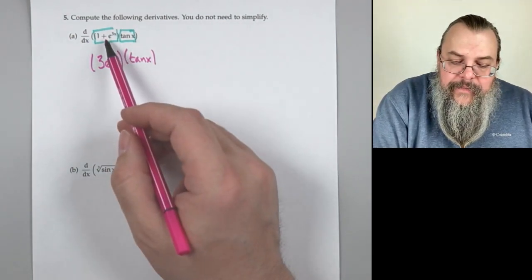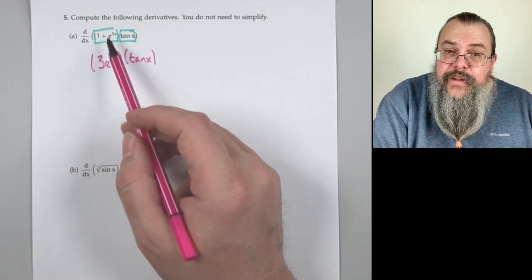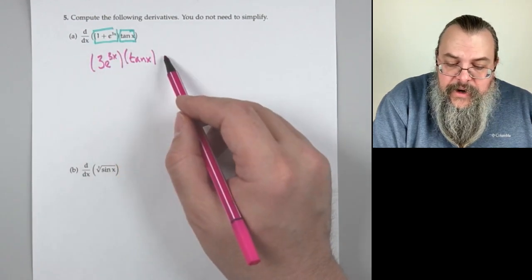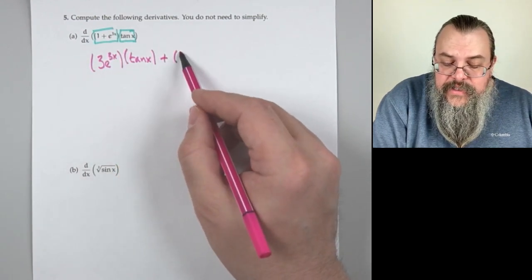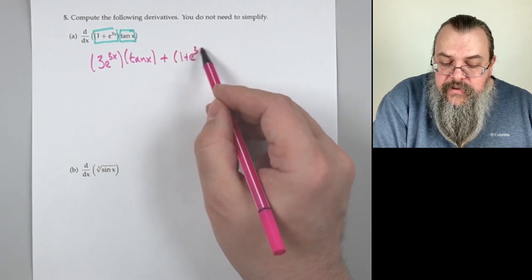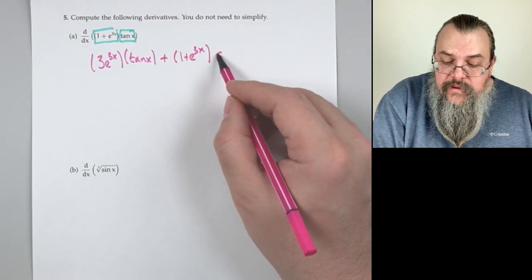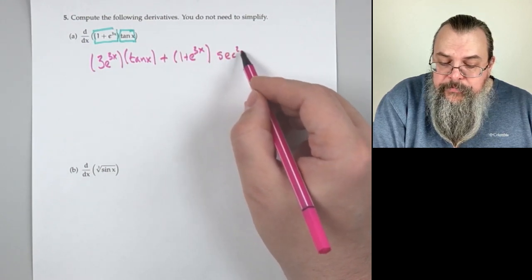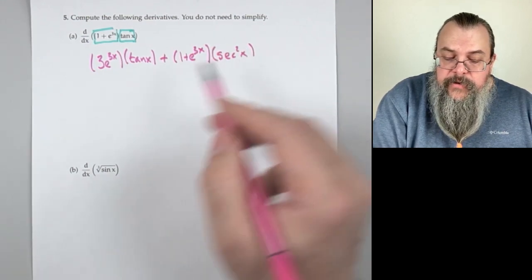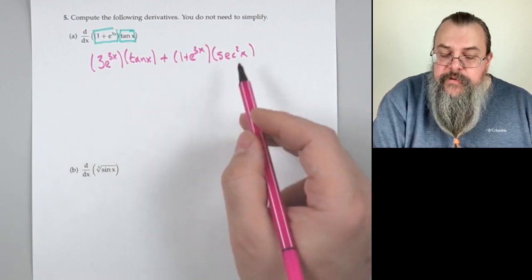So in this case, the first function got to have its turn as taking the derivative. Now add to that, now it's the second piece that gets its turn. What's the derivative of tangent? It's secant squared. All right, derivative of the first times the second plus the first times the derivative of the second.